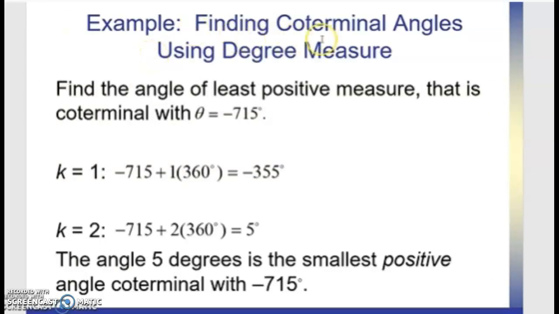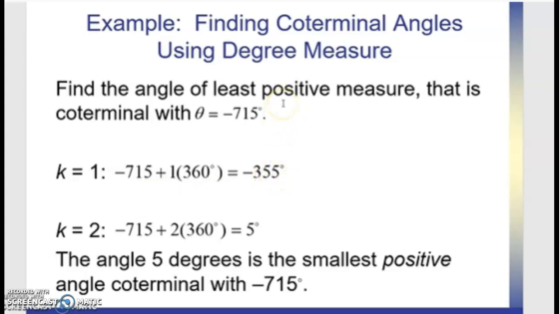Example, finding coterminal angles using degree measures. Find the angle of least positive measure that is coterminal with negative 715 degrees. So, adding 360 degrees to negative 715 degrees one time, we are still in the negative.